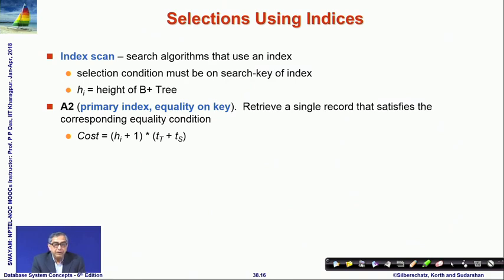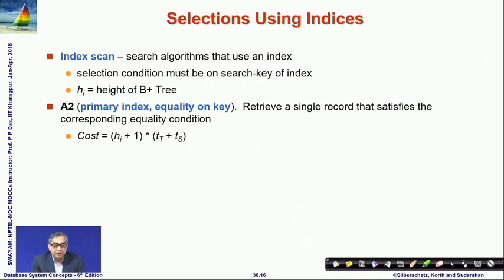We know that in a B plus tree, if the height is h I, then we will be able to find the leaf node surely by h I block transfers, because h I is the height of the tree. So, this is the number of nodes, the number of blocks that we will need to read.